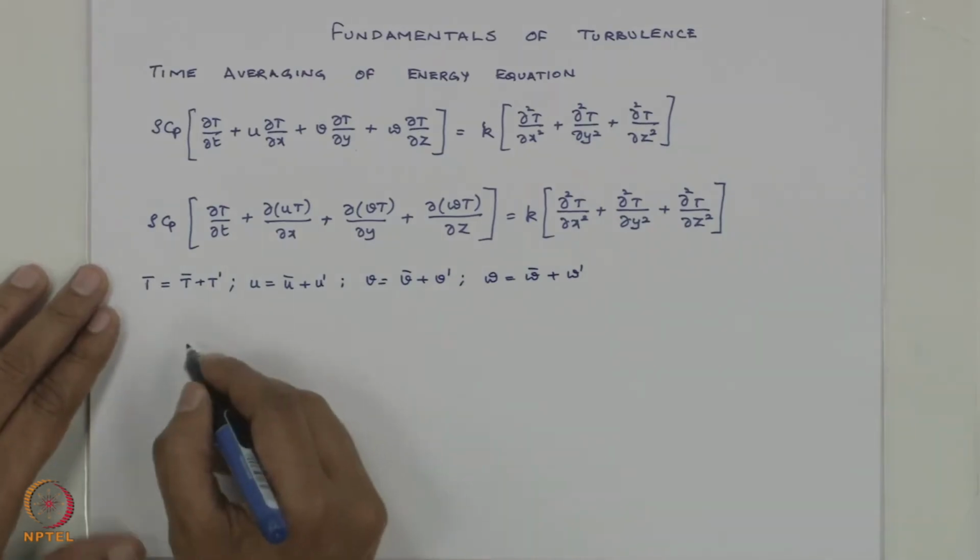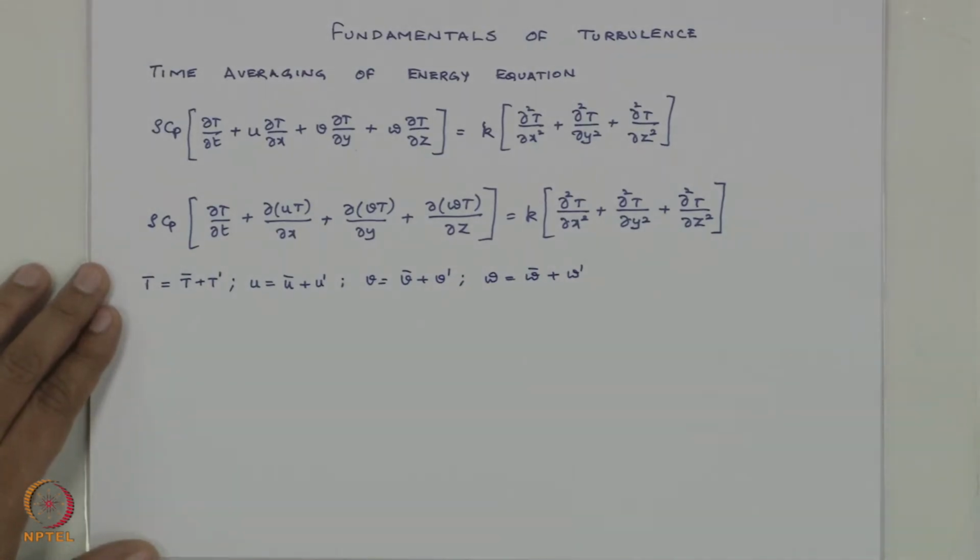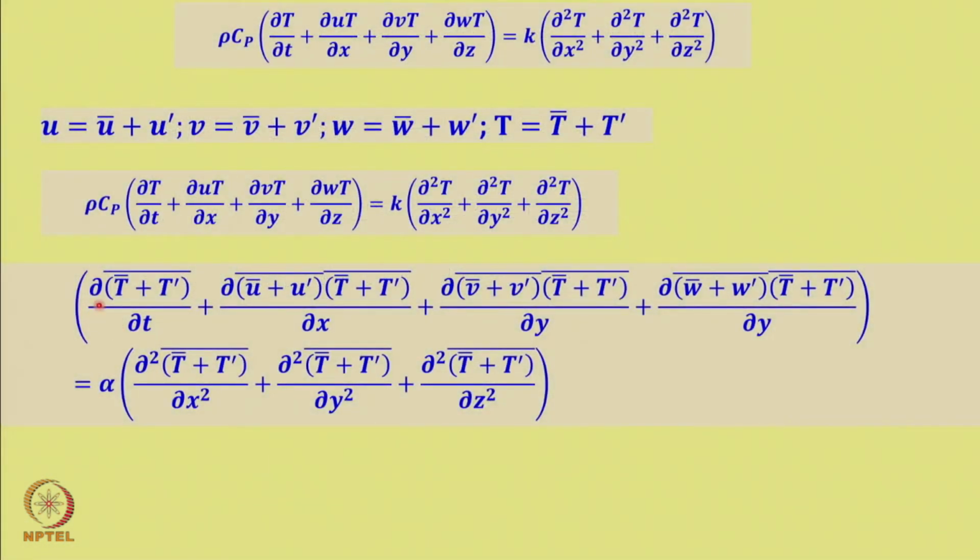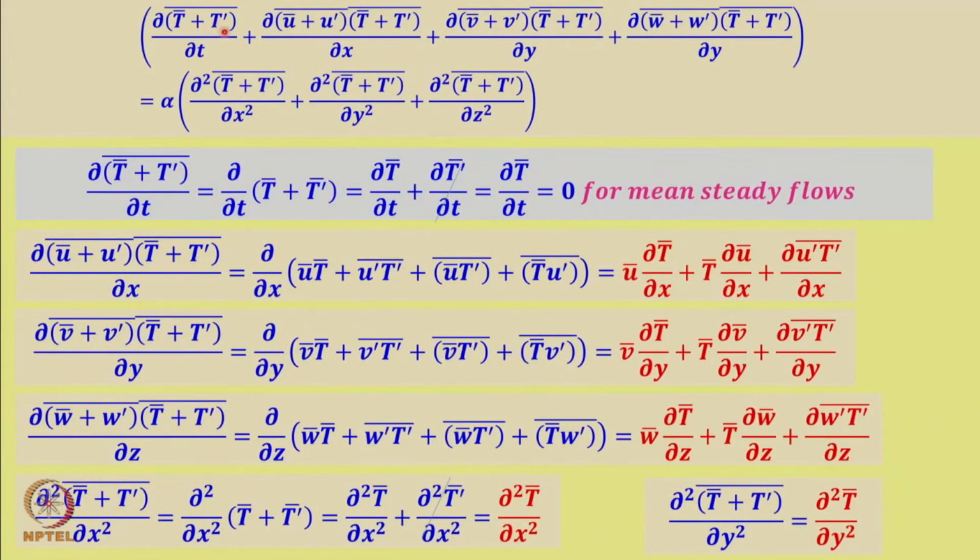So if I come back to slides, what is it that I have just replaced here? Del of T bar plus T prime bar and del of u bar plus u prime bar, T bar plus T prime bar, and so on and so forth. So let us take up each term and see how it gets time averaged.